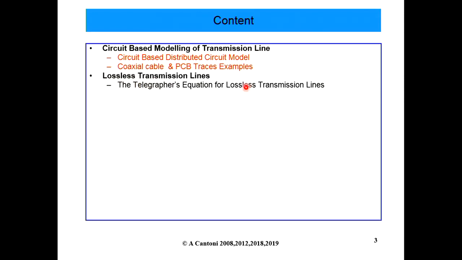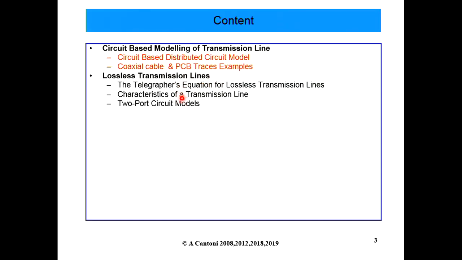Particularly, we're going to be looking at lossless transmission lines as the first part. Before that, I'll have a look at some examples of coaxial cable and PCB traces, and just give you an idea of the values involved, even though you have to wait until we get to EMT to actually get the models for how we obtain those values.